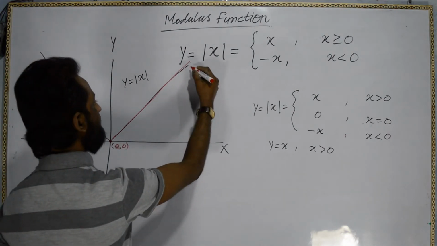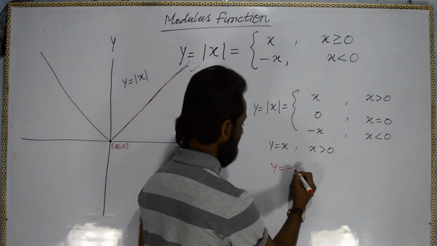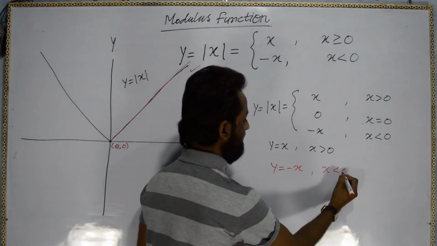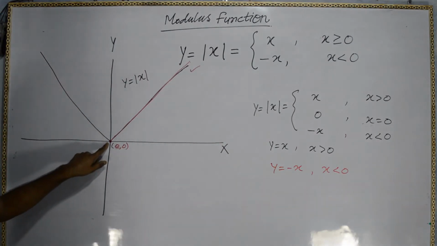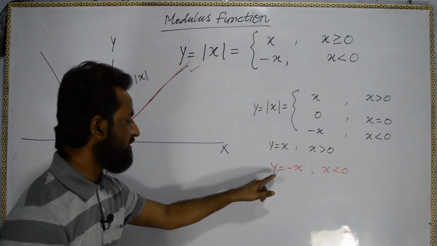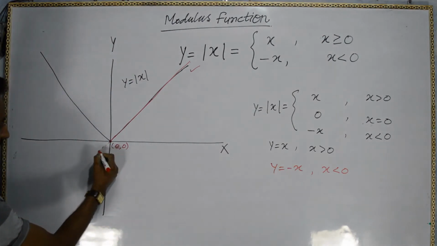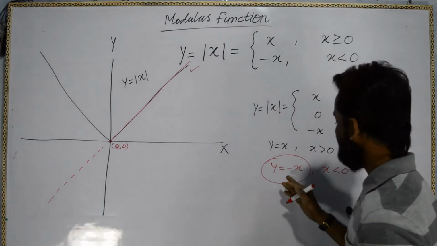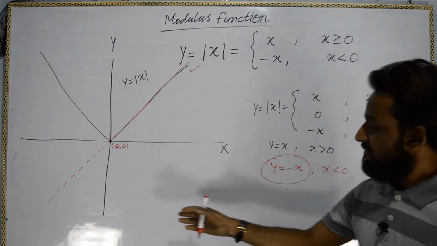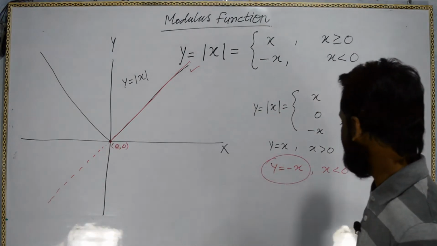Okay, for y equal to -x, for x negative values. So when x is negative, we must write y equal to -x. If we put x values here, so it should come here. When we are seeing this y equal to -x, it should go down, but it is going upwards, means it is taking positive values.